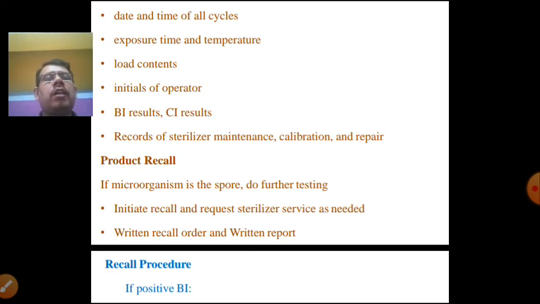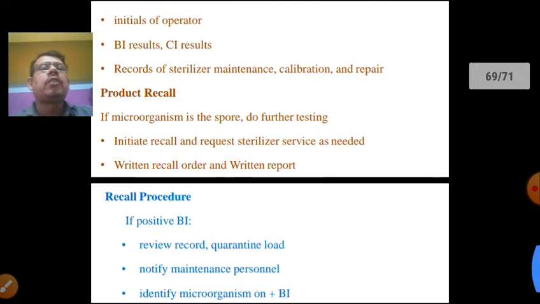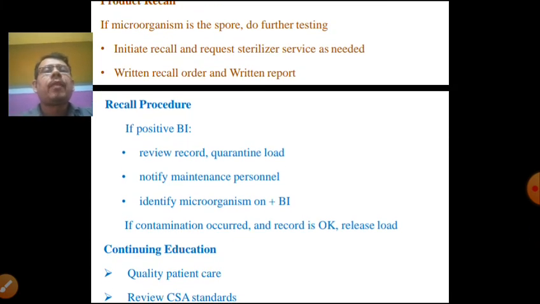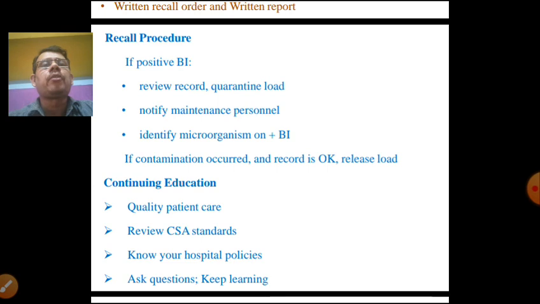The written recall order and written paper must be recorded in your file. Recall procedure: if possible, for a positive BI, review the record, quarantine the load, notify the maintenance personnel, identify the microbial positive BI, and if contamination occurred and the record is okay, release the load.